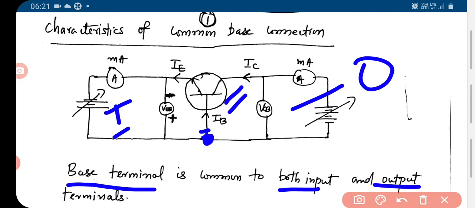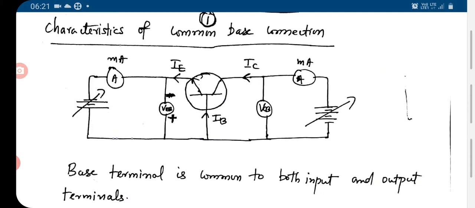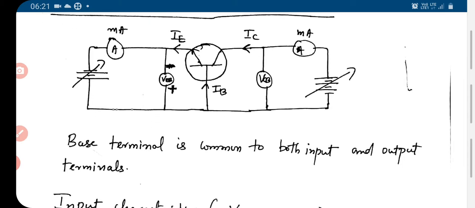So to study the relationship between the current and voltage in the input circuit, here we can vary this voltage. This is VEB here.